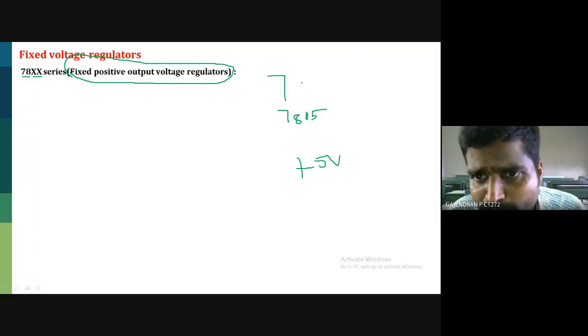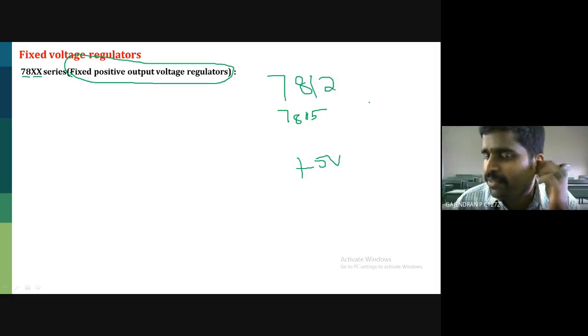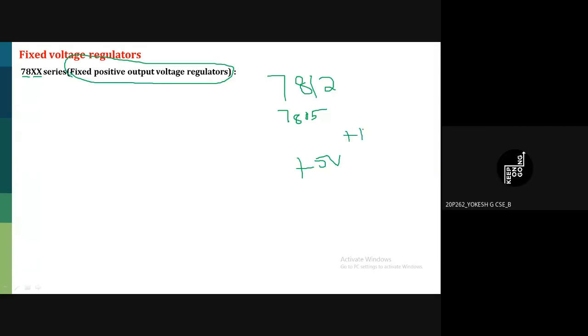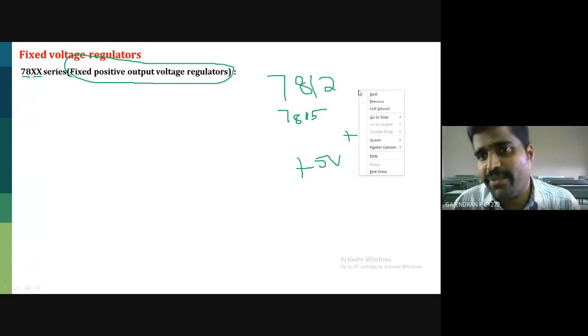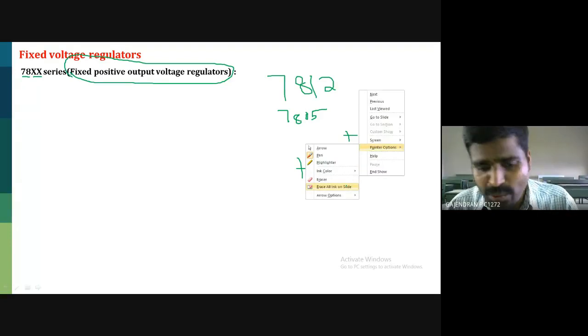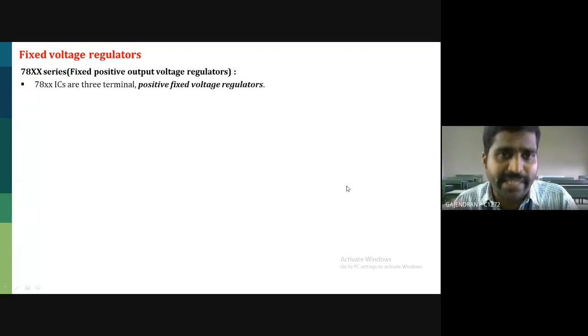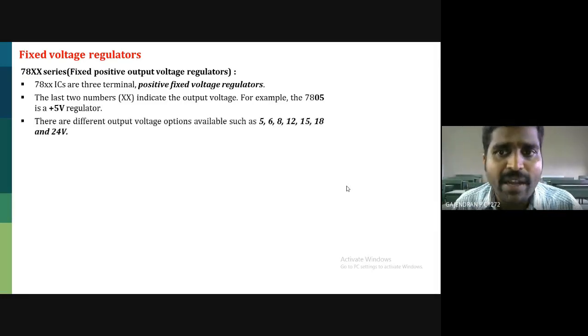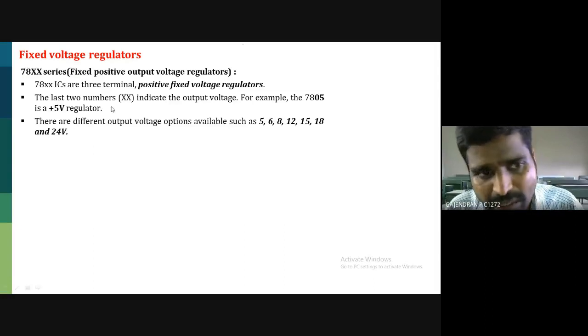Let me write one more number, 7812. Any idea? Plus 12 volt constant. Okay, very simple. This is your positive voltage regulator. It has 3 terminals. For example, 7805 means plus 5 volt constant.